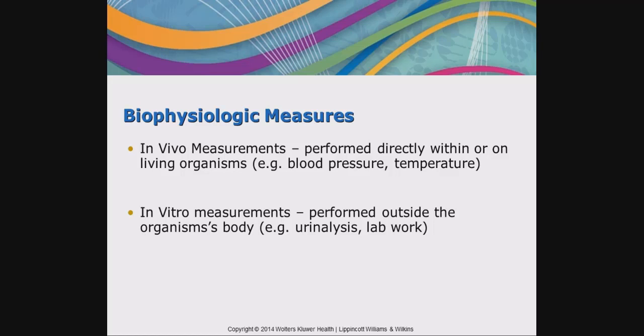In vitro would be those things outside, like a urinalysis or arterial blood gases. And you're going to see these collected a lot in quantitative research and compared to other variables. So just know that that is yet another very profound data collection method that we use in nursing.